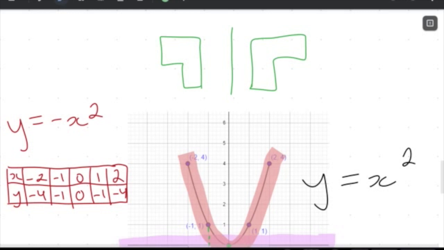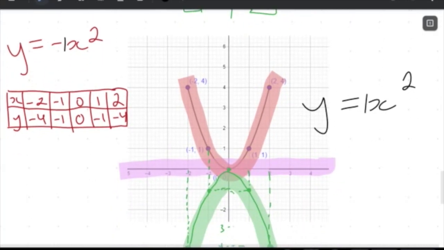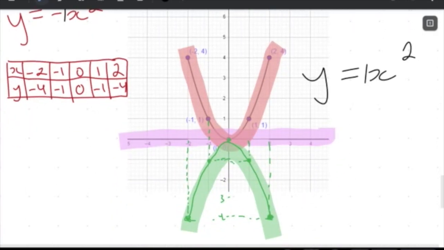I've kept it as a coefficient of -1, instead of a coefficient of 1 here. So that has resulted in the same parabola just reflected, just a mirror image here.